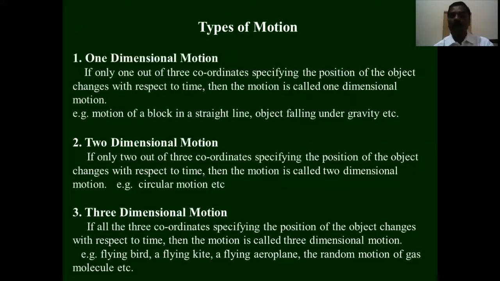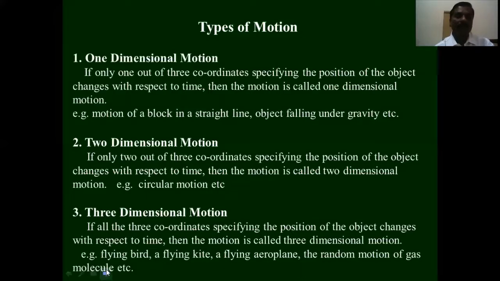So you will find the flying birds, the flying kite, the flying aeroplane, or the random motion of all the molecules are specified with the help of three coordinate axes. So in this case, you will find the classification of motion, that is, types of motion.